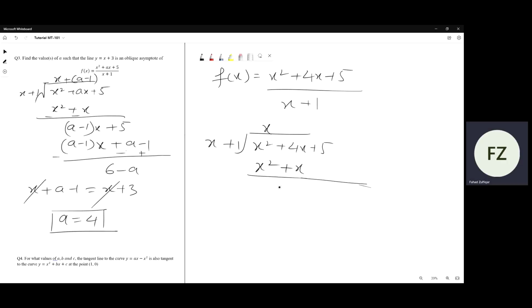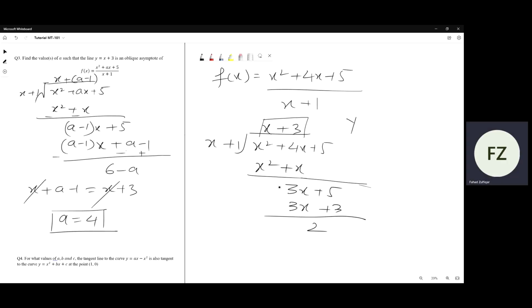You'll be left with 3x plus 5. You multiply this with 3, you'll be left with 3x plus 3, and you'll be left with 2. So this quotient is actually what we needed, and this is coming out to be exactly y equals x plus 3.